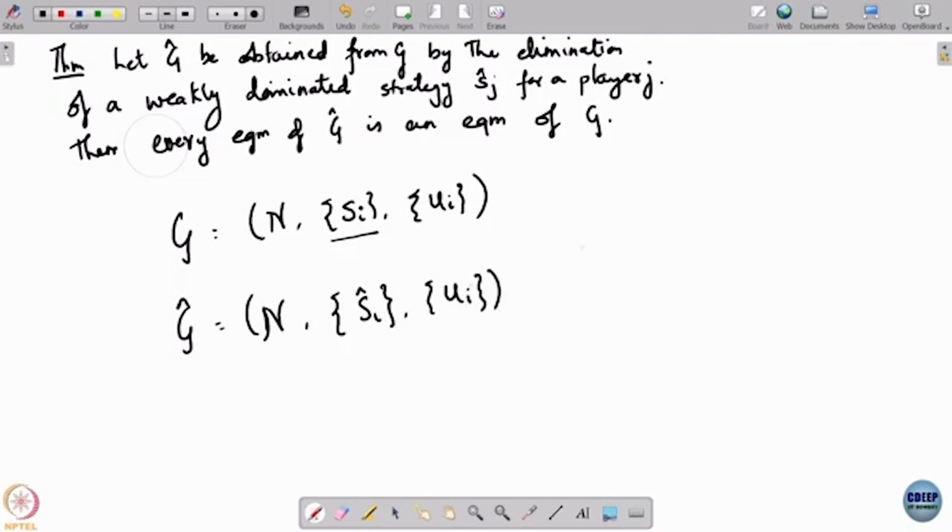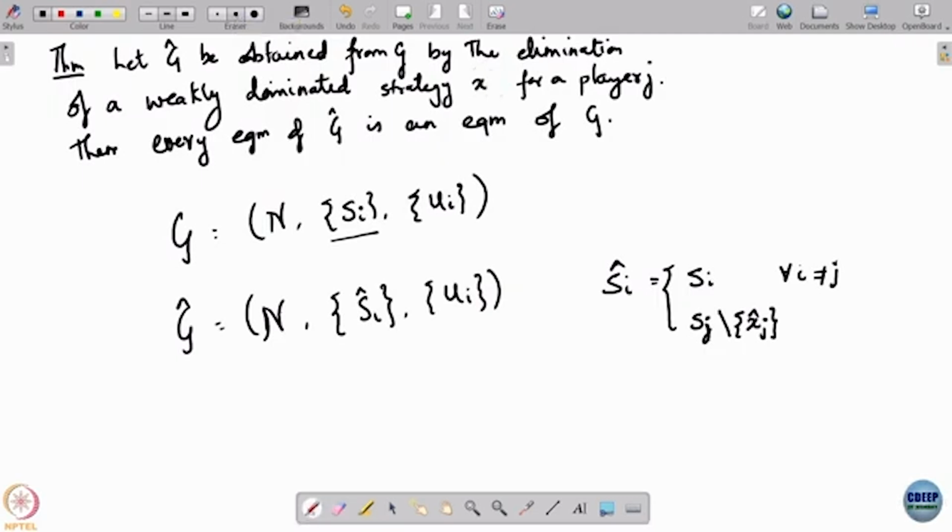And what was the connection between S hat i and S_i? S hat i was equal to S_i for all i except for a specific player J, and for player J it was equal to S_j minus x hat j. I think I have changed my notation; I used the notation x hat j.